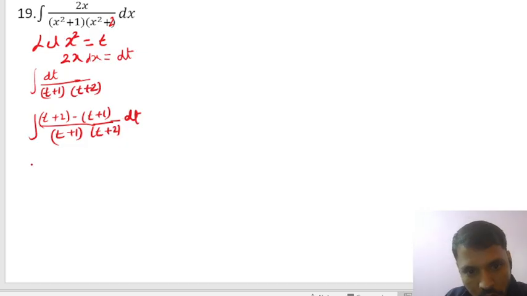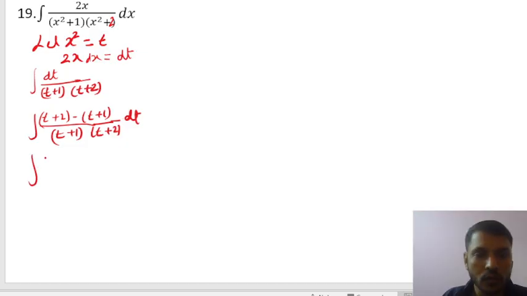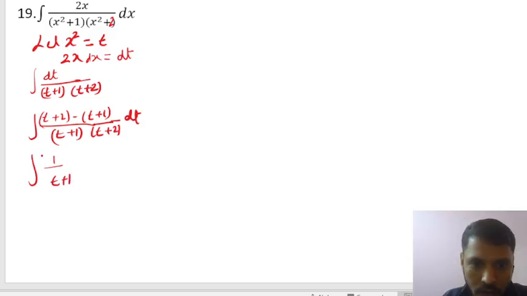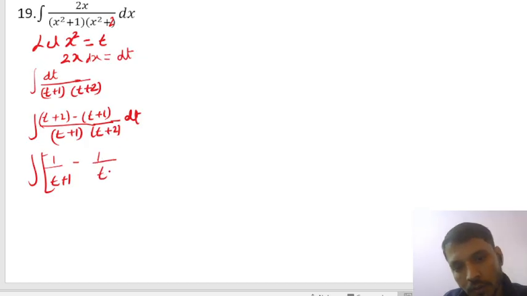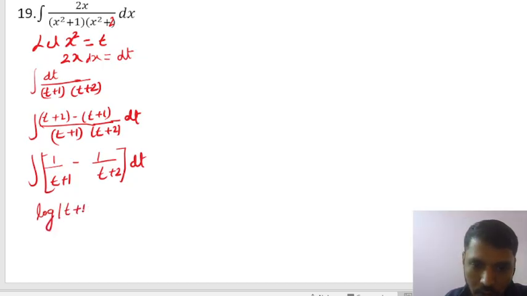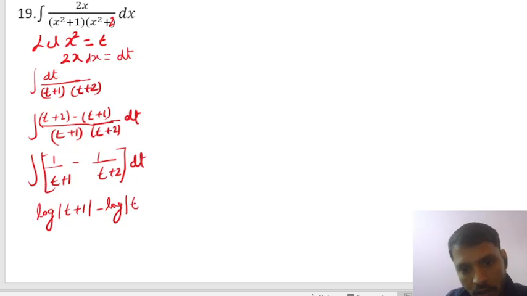into dt. That means if you divide separately, t plus 2 will get cancelled out. We will have here only 1 by t plus 1 dt, and here minus t plus 1 will get cancelled out. Here we will have only 1 by t plus 2 dt. So it will become log of mod t plus 1 minus log of mod t plus 2, plus c.